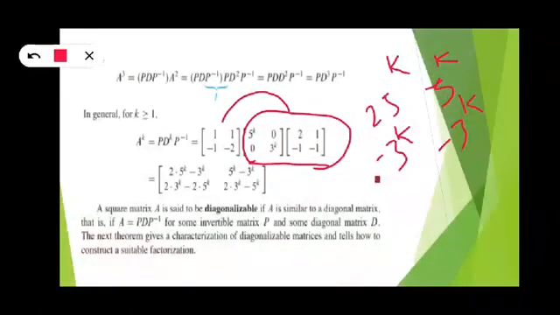So here we have 2 into 5 power k, 5 power k, and minus 3 power k, and here minus 3 power k comes.